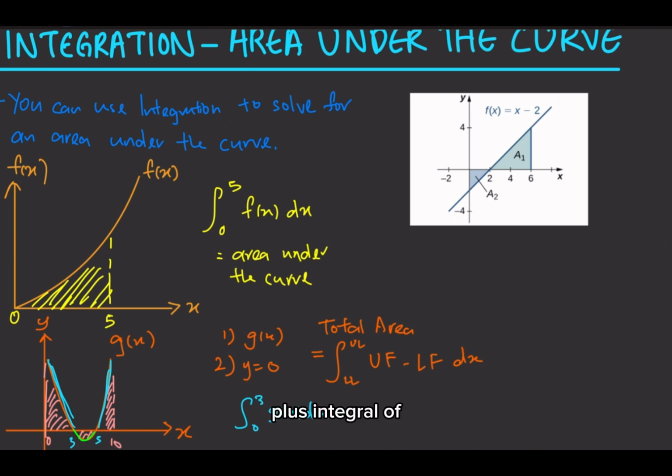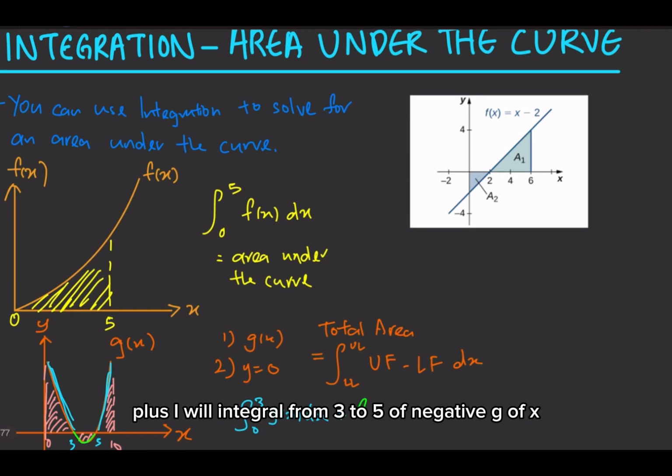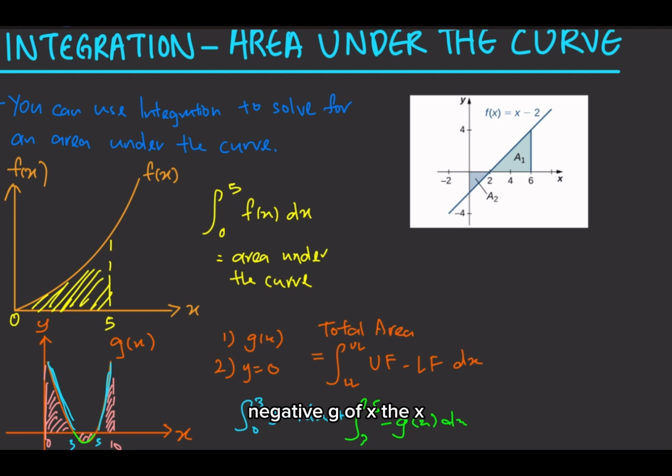plus the integral from 3 to 5 of negative g of x dx, because y equals 0 minus g of x is negative g of x dx, and then we have to add the integral from 5 to 10 of g of x dx again, and this will get the total area.